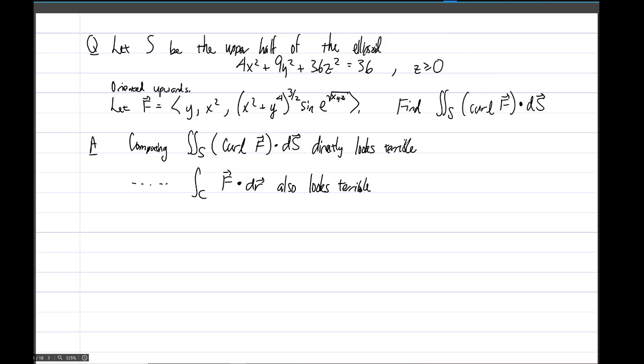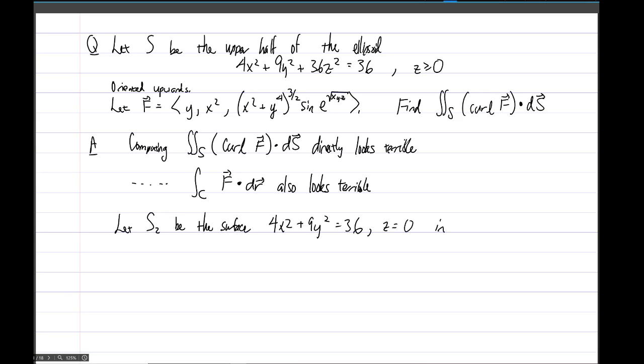Well, let's let S2 be the surface 4x squared plus 9y squared equals 36 with z equal to 0.